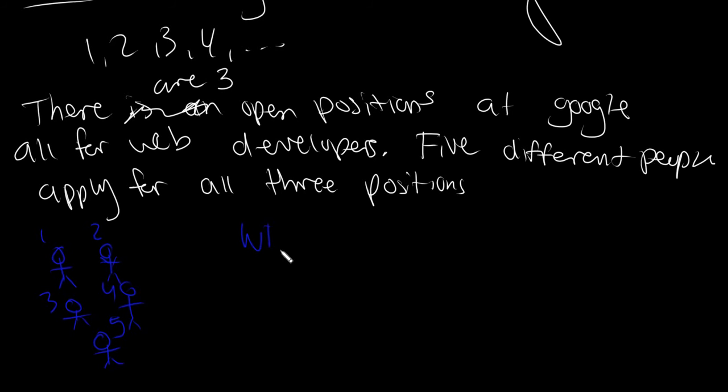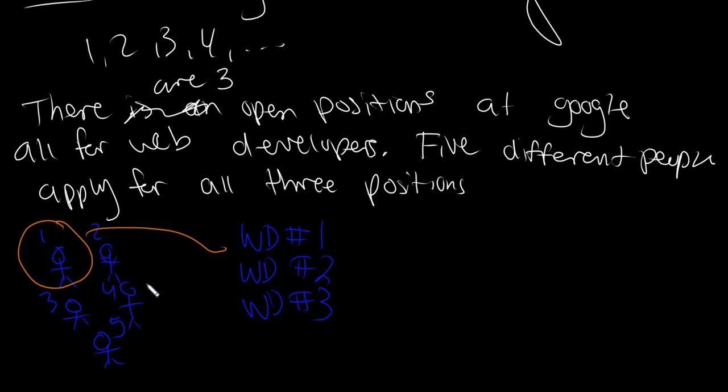And there's web developer number 1, web developer number 2, and web developer number 3. So basically what I'm saying when I say that all positions are the same is that it doesn't matter if you have this guy go to position 1, this guy go to position 2, and this guy go to position 3. Or if somehow you were just to switch these guys, that doesn't make a difference. Those are counted the same.